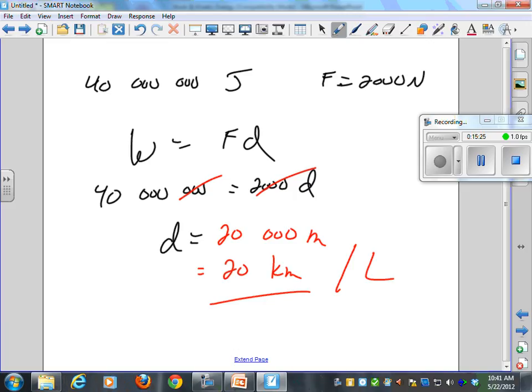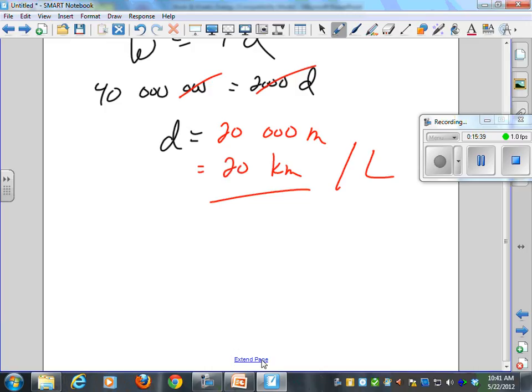So is that good? Is that good gas mileage? 20 kilometers per liter? Most people figure out their gas mileage in 30 miles per gallon, right? But the metric way to do it is liters per 100 kilometers. And you actually want the number to be low or high, Jordan, when you're doing liters per 100 kilometers?